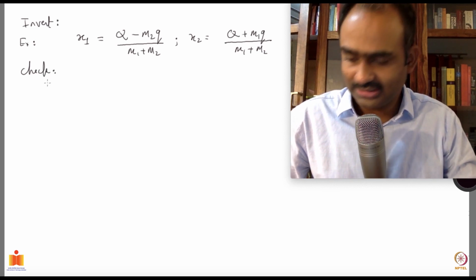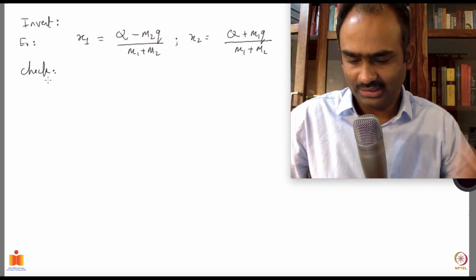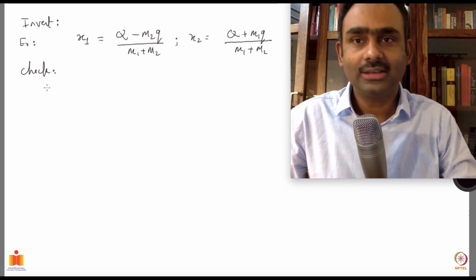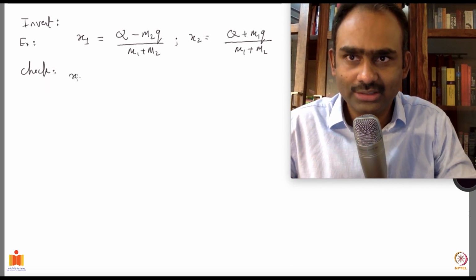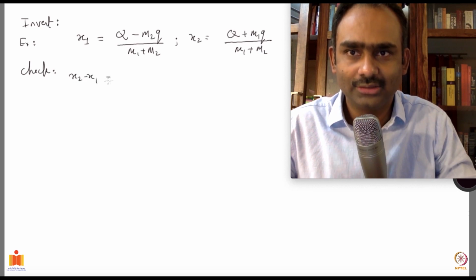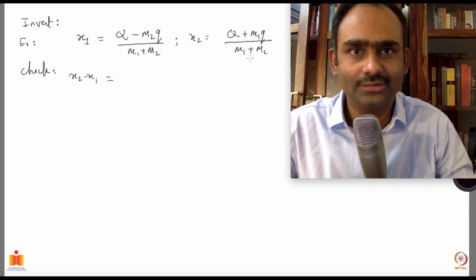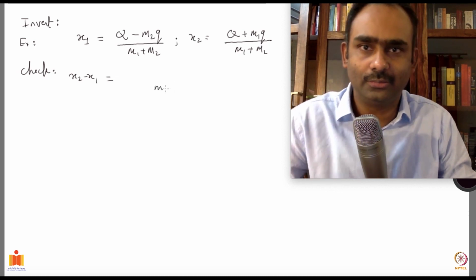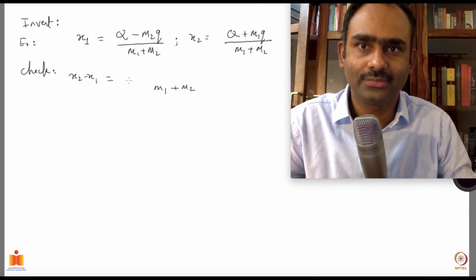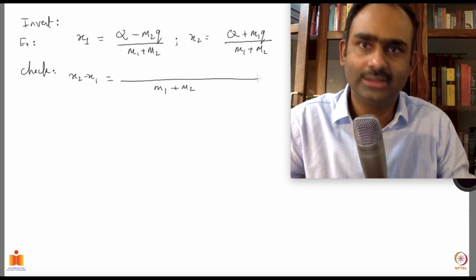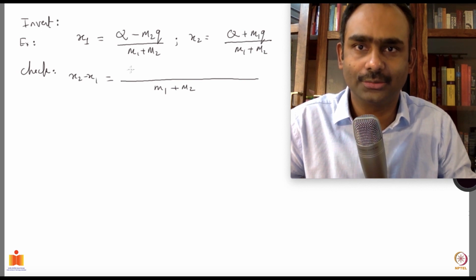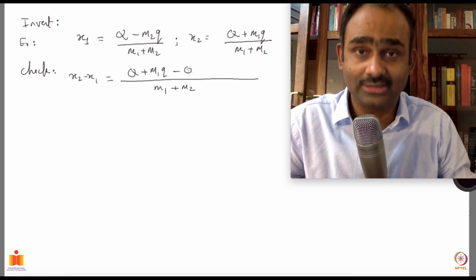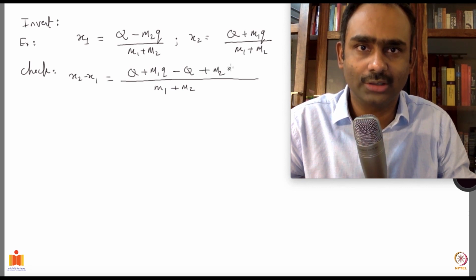Always do a check after you have done some algebra, and let's see what that is. Let's check whether x2 minus x1 comes out to be q. That's what should happen. So I calculate x2 minus x1. Both have m1 plus m2 in the denominator, and let's see what's in the numerator. x2 is this, q plus m1 small q, minus x1, so minus capital Q plus m2 small q.